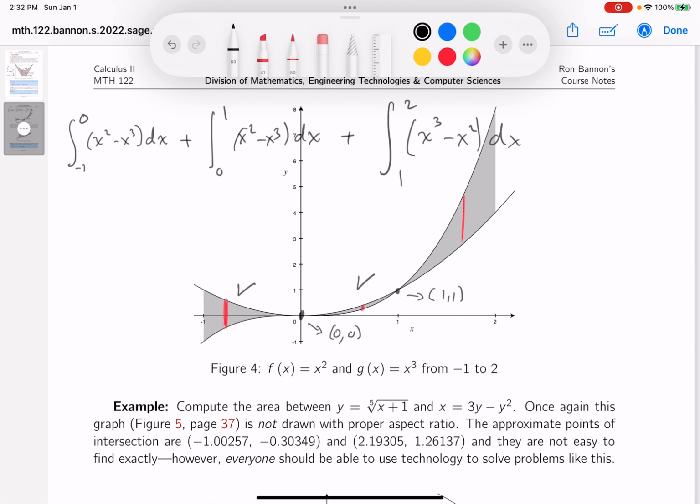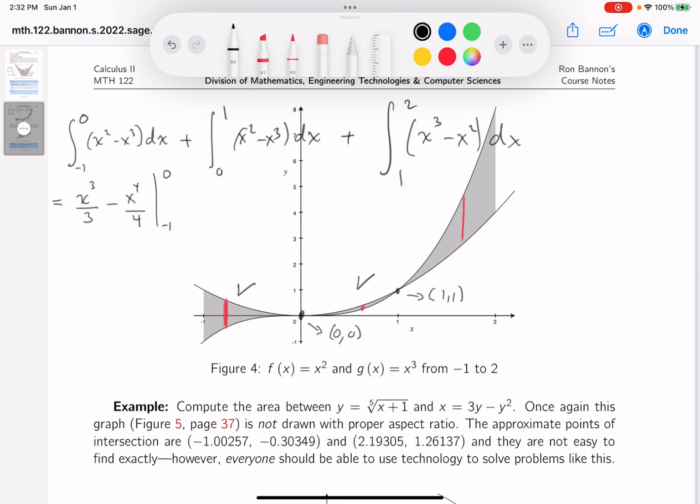I got three separate integrations to do, and I want to do them separately, all right? Let's put one down at a time. Let's see what we get. Let's do the first one. The first one's going to be x cubed over 3 minus x to the 4th over 4, and we're starting at -1 and stopping at 0. All right, we'll do that.